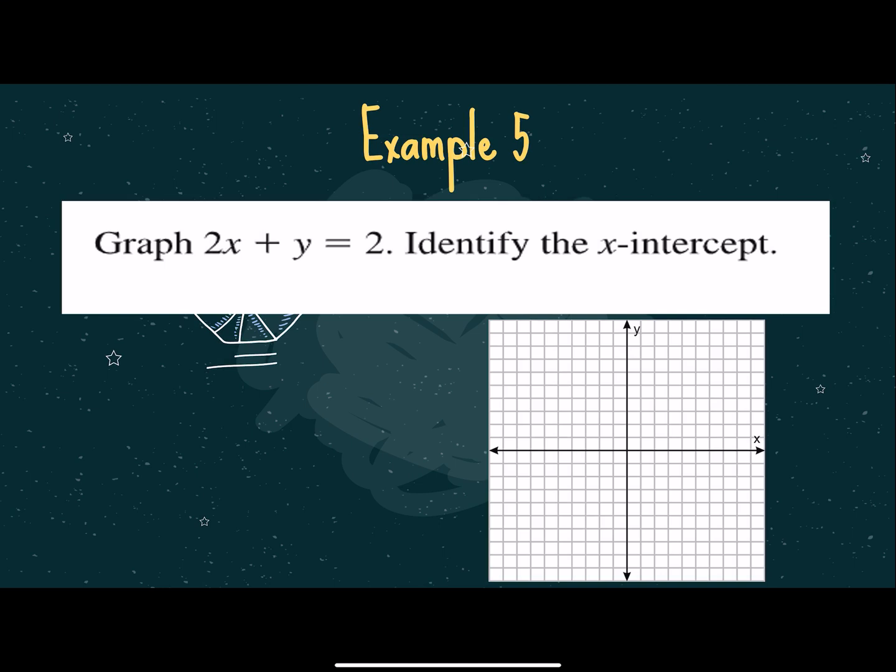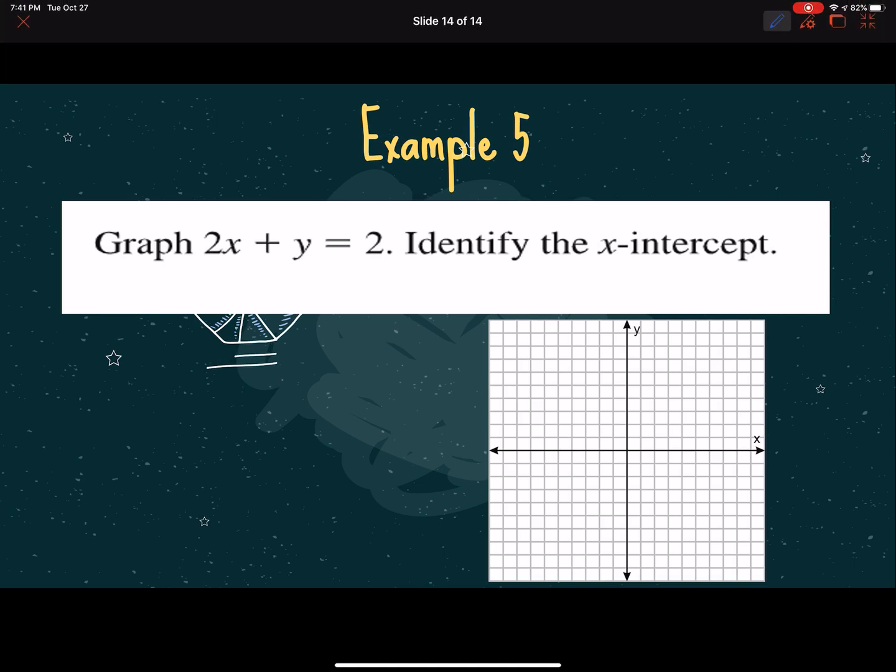Okay, example 5. We're going to graph 2x plus y equals 2 and identify the x-intercept. Sometimes it's easier to identify the x-intercept after you've graphed it. So let's look at the form that we have here. Now there's a couple things that we could do.